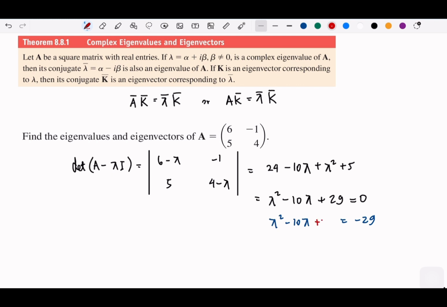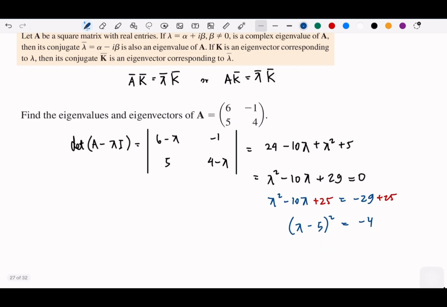So we can write, taking plus 25 on both sides, lambda minus 5 squared equals negative 4, so lambda minus 5 equals plus or minus, and since this is already negative, let me write 2 imaginary number.